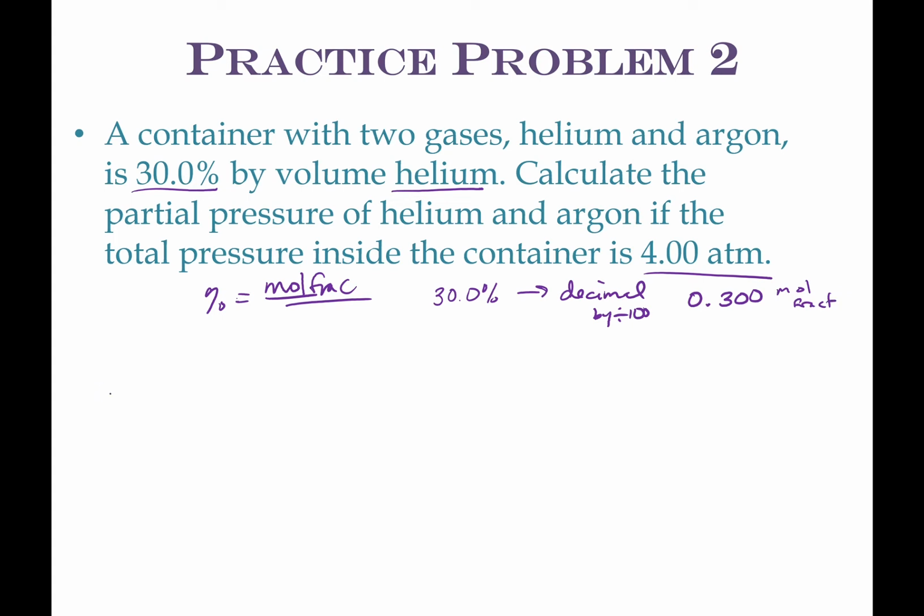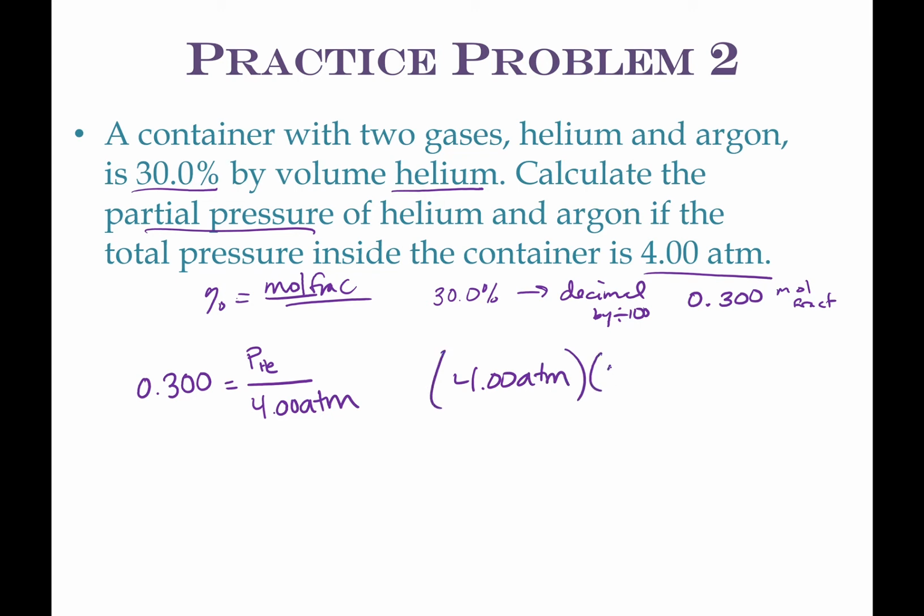So we know that 0.300 is equal to the partial pressure of helium, PHe, over the total pressure, which is 4 atmospheres. So we'll just take 4 atmospheres times 0.300, and that will give us the partial pressure of helium.